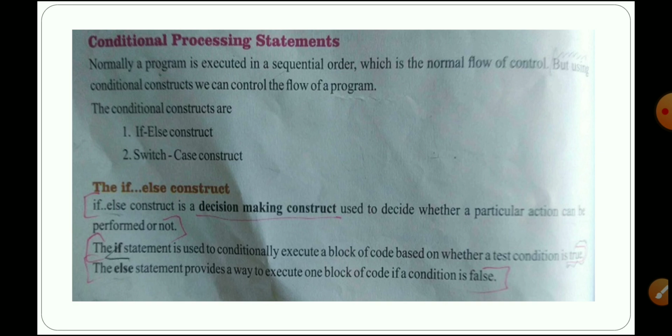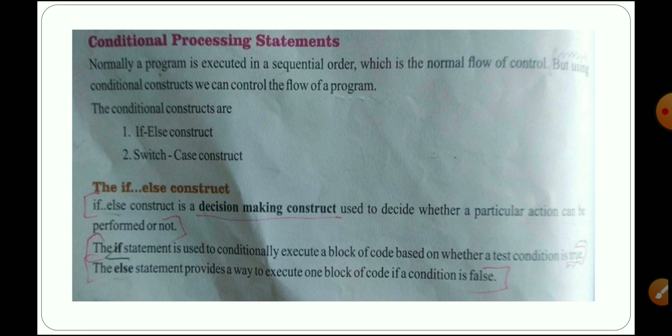This if else statement executes a block of code. First we have to check a condition. For example, the condition is i less than or equal to 10. That is the condition, that is the statement. If the condition is true, the true block will be executed. If the condition is false, it will go to the else part.